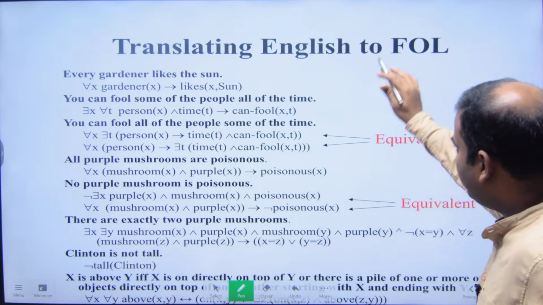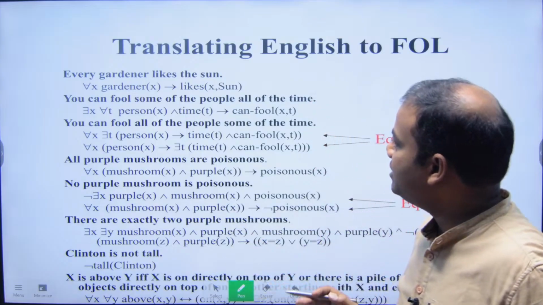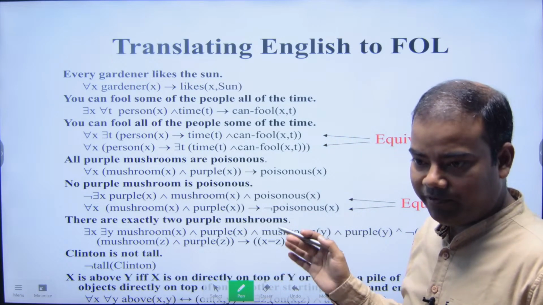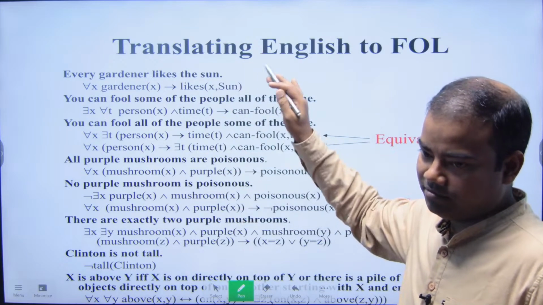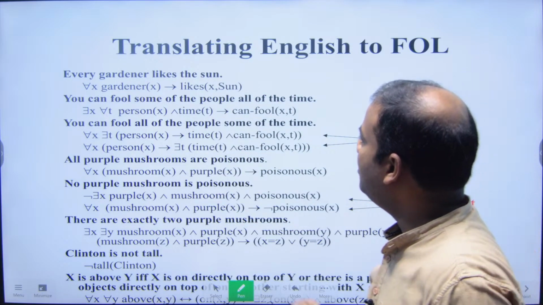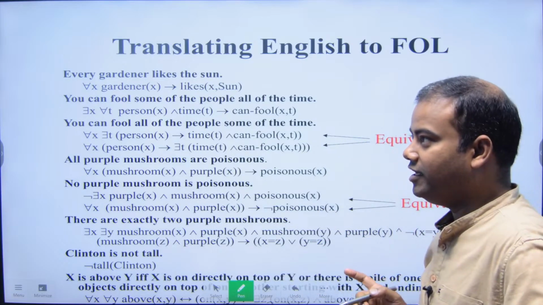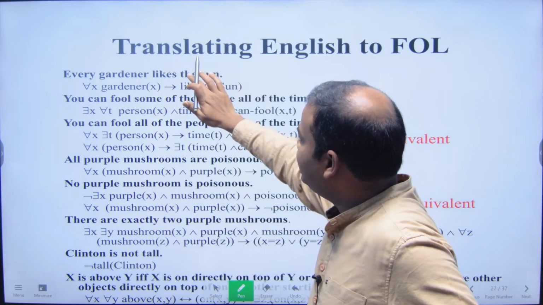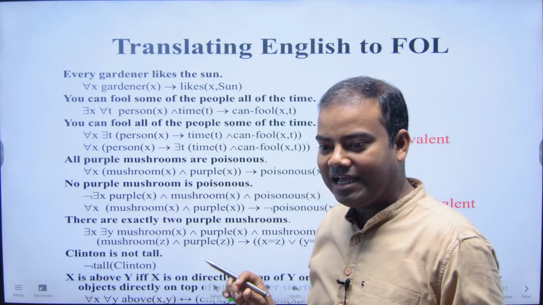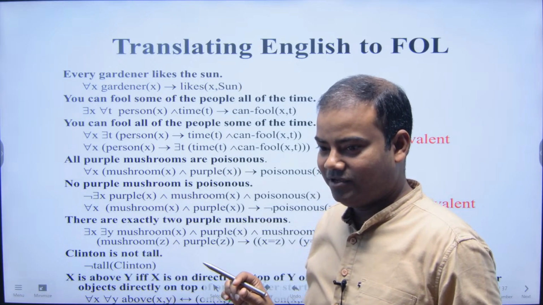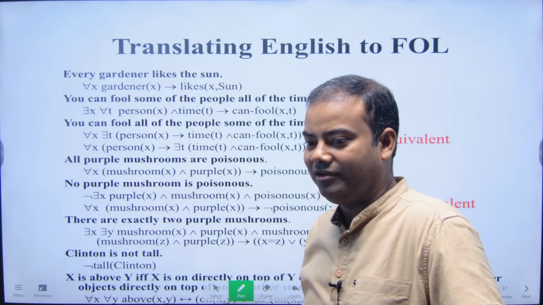Now for some simple examples, these things can be asked in the GATE exam also, and if you see previous year GATE questions, we will find some questions like this. One important thing: when this is given, reading is easy, but writing from scratch is a little bit difficult. So it comes with practice, because this is also a language.